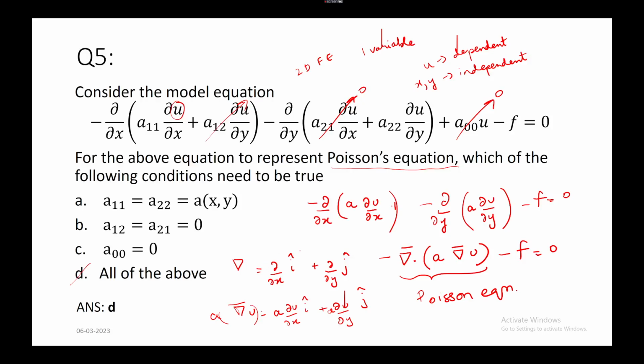If I take the dot product with this del, I just combine the i and j parts. This means dou by dou x of a dou u by dou x plus dou by dou y of a dou u by dou y. Both will have a minus in the end because there's a minus. So this part is nothing but this.